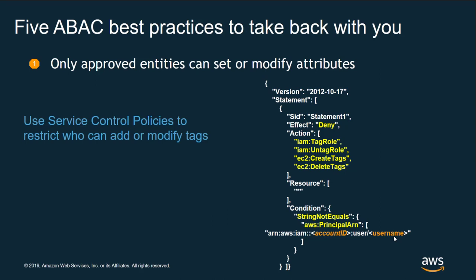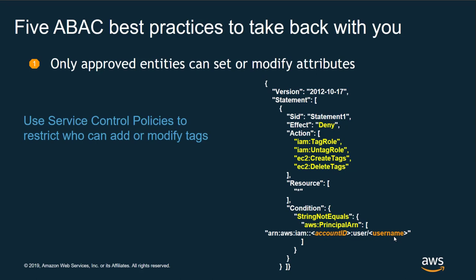And what this does is it's denying these actions to all principals but the one listed in the condition. Because notice the action is deny these actions, and the condition says string not equals, and the principal on condition key is where you specify your principal. So anybody who's not this principal will be denied these actions.